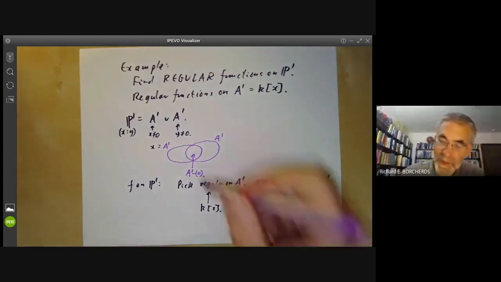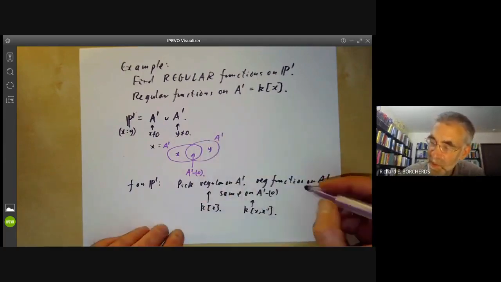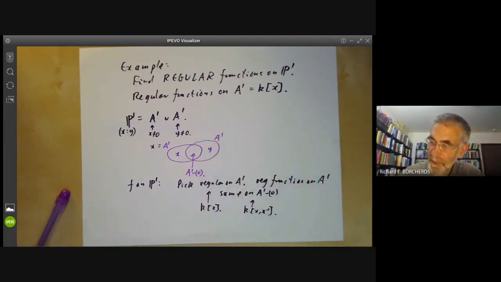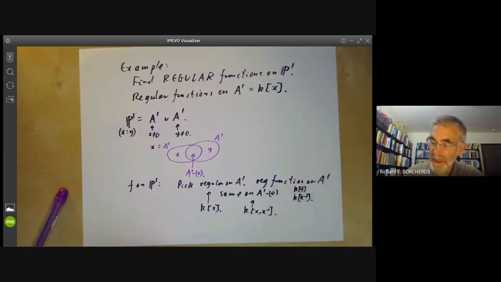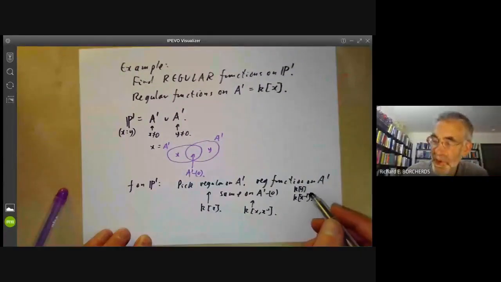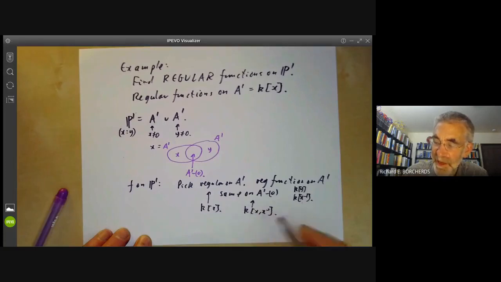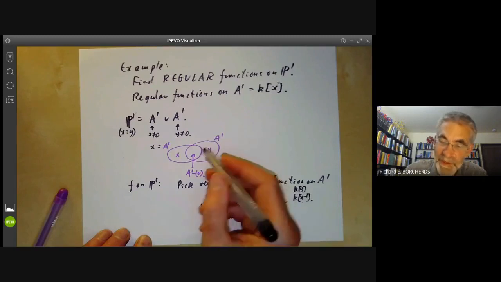And so if this is x and this is y, we notice that these regular functions will be the ring k[y], which we can identify with k[x^-1]. So what we need to do is pick a function that is a polynomial in x and a function that is a polynomial in x^-1 that become the same in this ring here. So we've got maps from these two rings to that ring, which are these maps here.